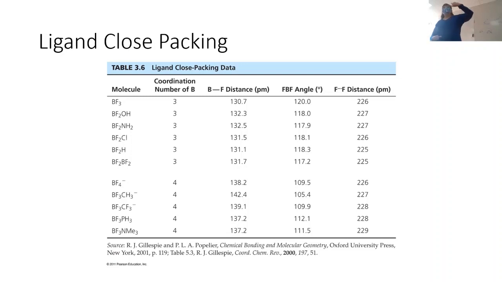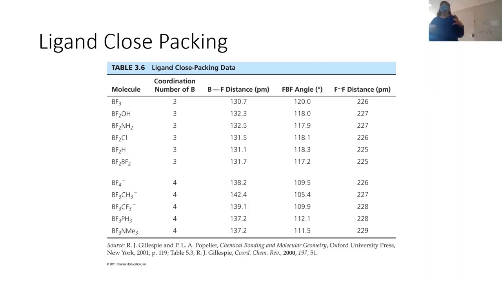Without the drawing of the dot structure, I forgot that. So we're going from trigonal planar to tetrahedral. Our bond angles changed, right? We went from 120 for the trigonal planar to about 109 for the tetrahedral, but our fluorine distance still is right in that same area.